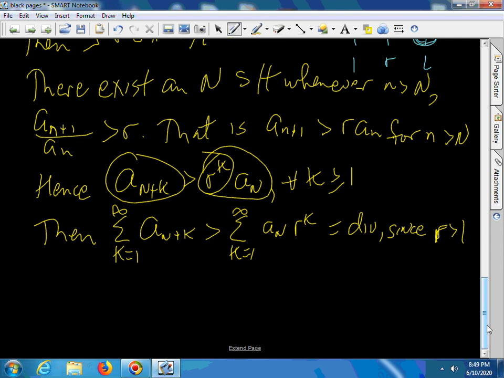Now, part C. This is when the limit equals 1.